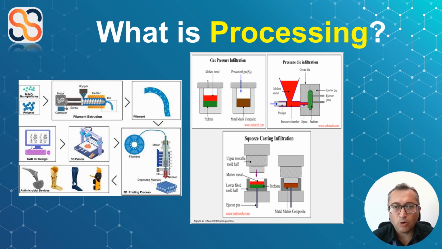The same goes for materials. Processing includes things like heating, cooling, or even pressing a material into shape. For example, heating up steel and cooling it quickly or slowly will give you totally different results.